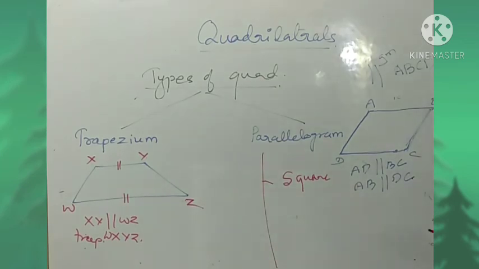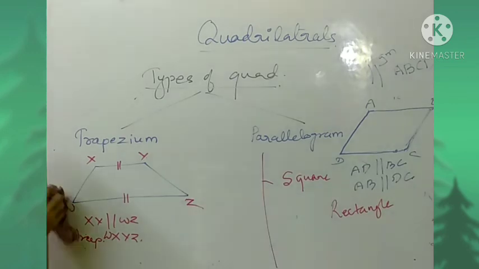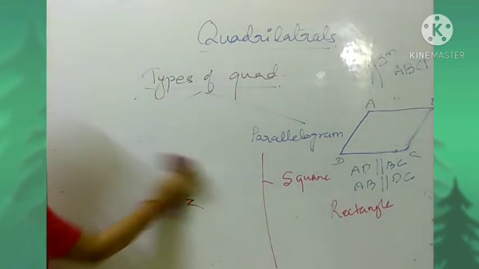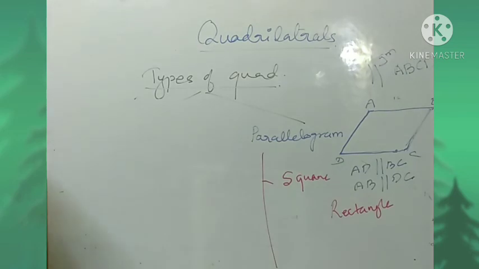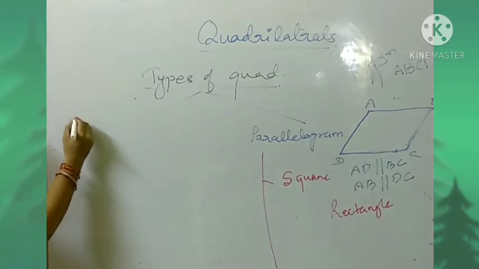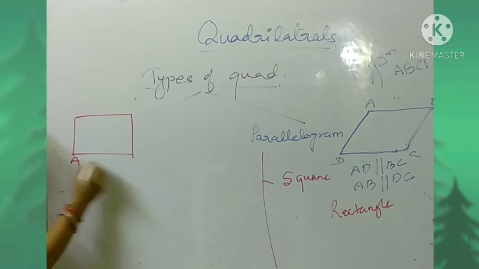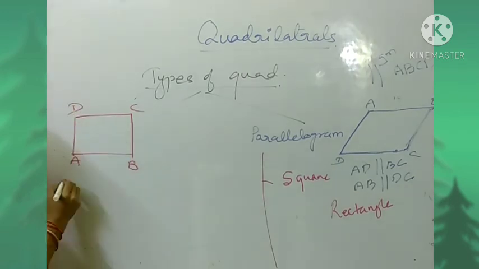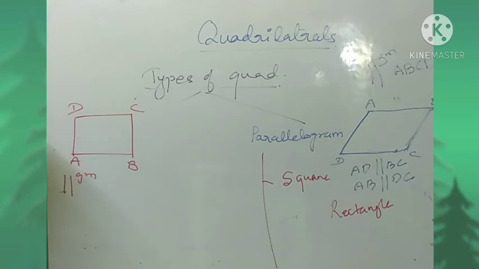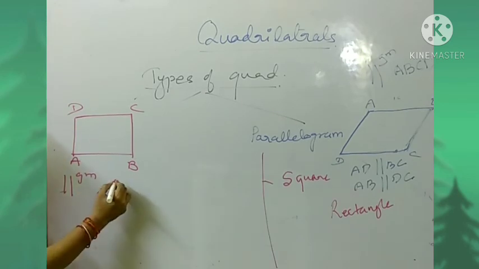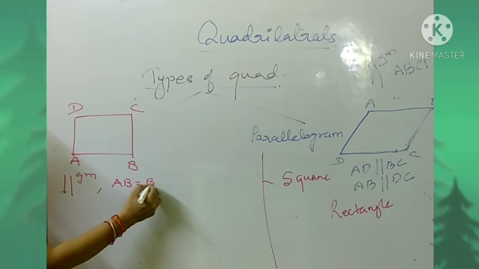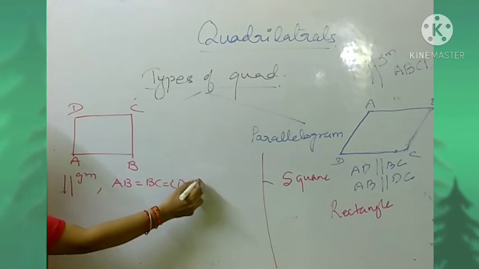Then the next is the rectangle. Rectangle is a parallelogram, which means its sides are parallel. Now what is a square? Now this is a square ABCD. So it is a parallelogram, first thing, in which all the sides, means AB is equal to BC is equal to CD is equal to AD.